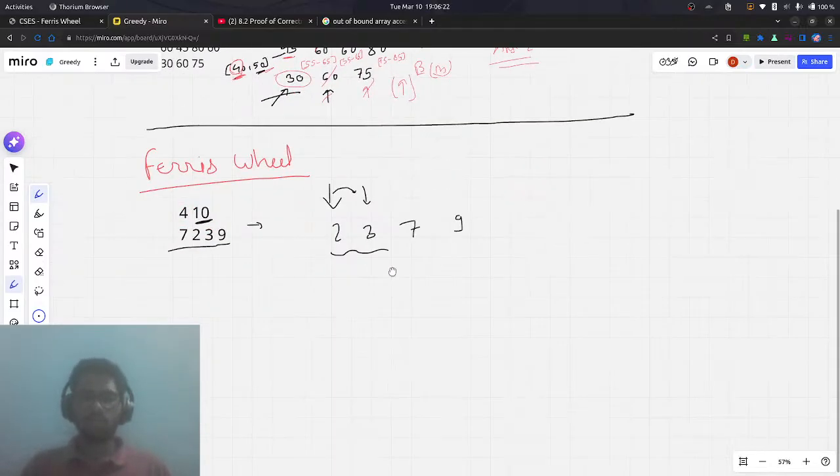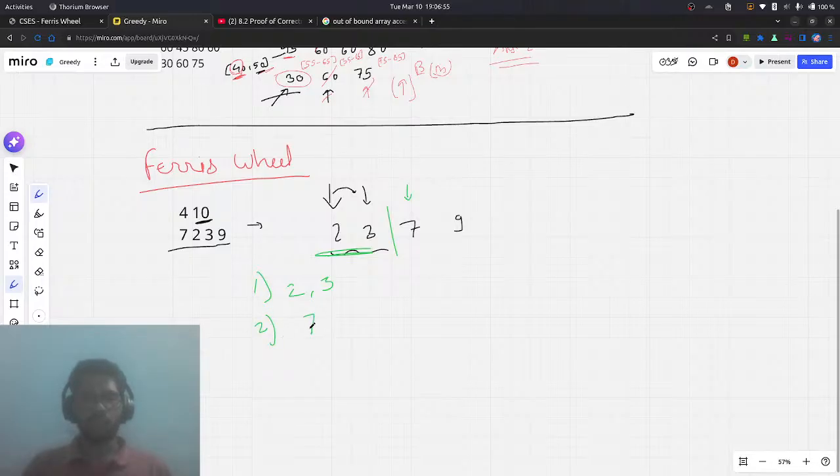What I'm saying is, suppose we have this now. The first group has children with weight 2 and 3. The moment we try to add the weight 7 child, it will exceed the limit of 10 and reach 12. So we will put a breaker here, and these two will be added to the first group, and 7 will be removed and added to the next group.